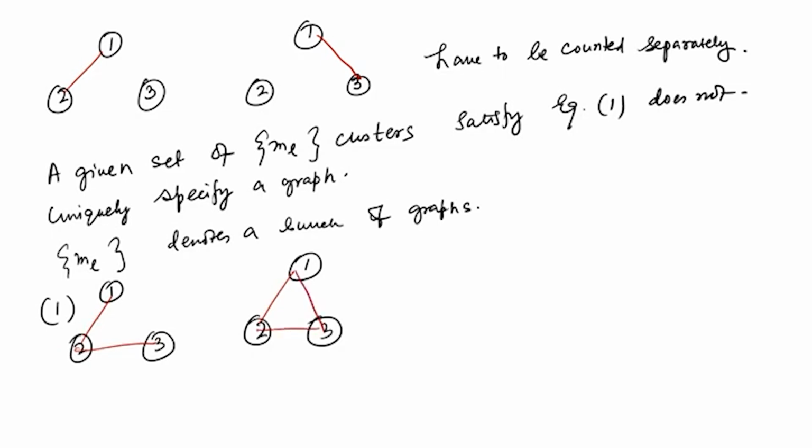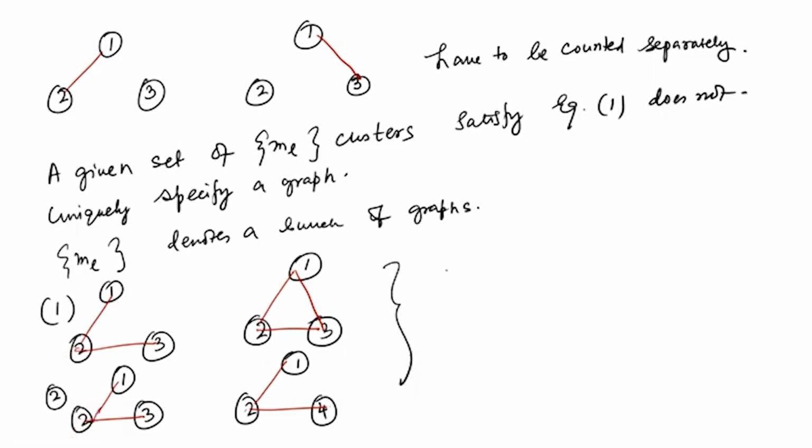These are non-identical and different clusters, and the second one would be 1, 2, 3, and 1, 2, 3, and the connections are now given by this, and maybe this is 1. So, this is actually 4.